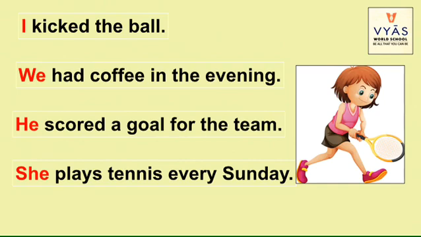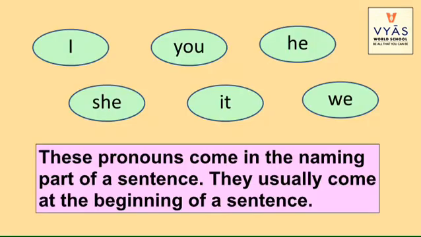Now look at a few more sentences given on your screen. I kicked the ball. We had coffee in the evening. He scored a goal for the team. She plays tennis every Sunday. Pronouns such as I, you, he, she, it, they come in the naming part of a sentence.